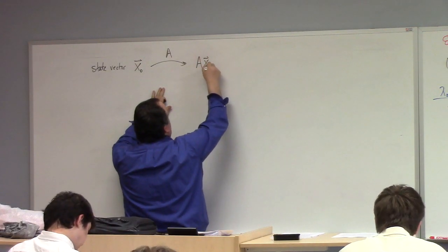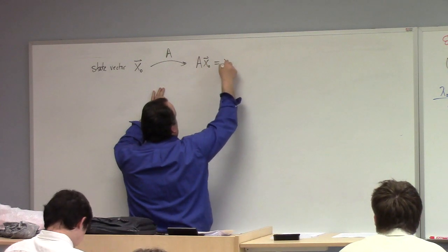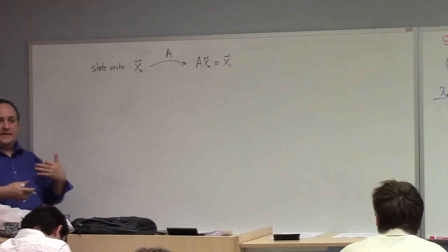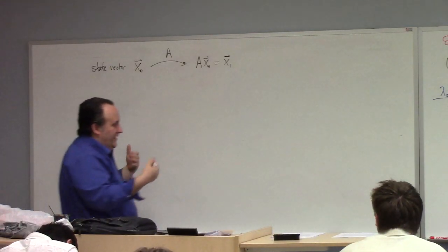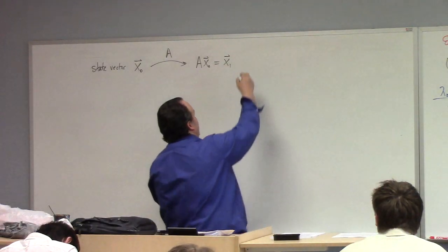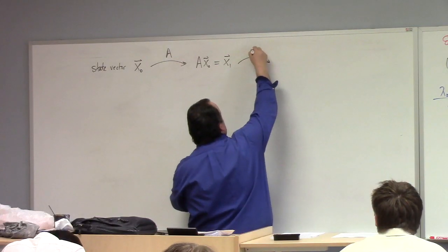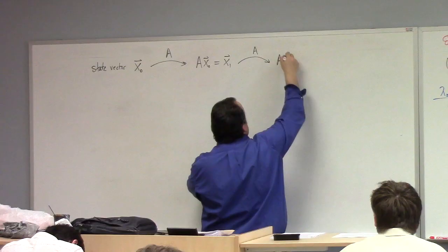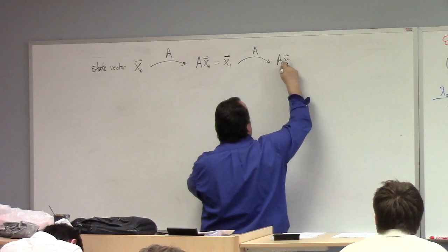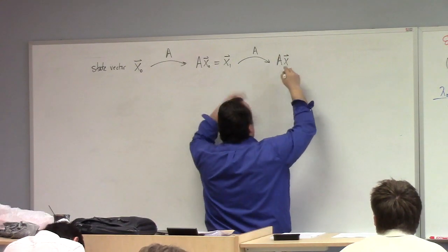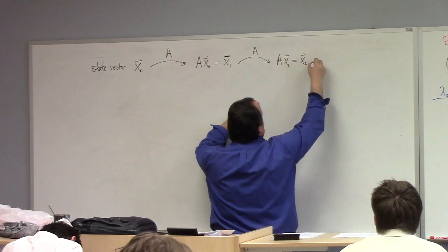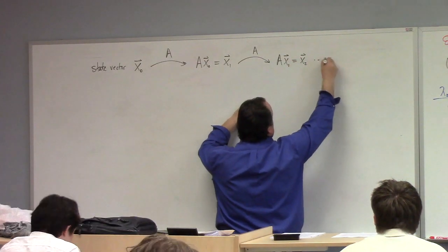That gets me the next state, x sub 1. Then some physical process happens, described by this same matrix A, and that gets me A times x1. So my zeroth state, first state, second state, and so forth and so on.